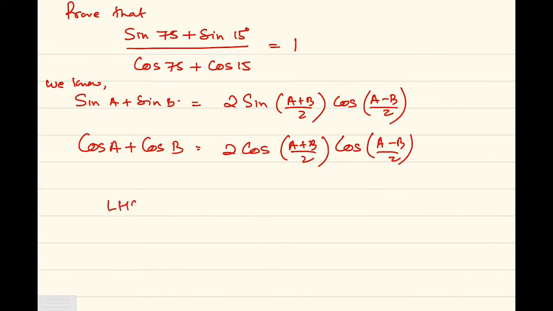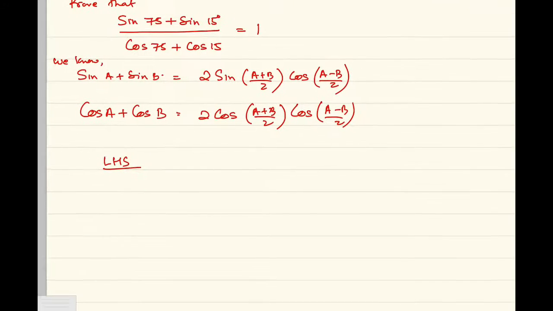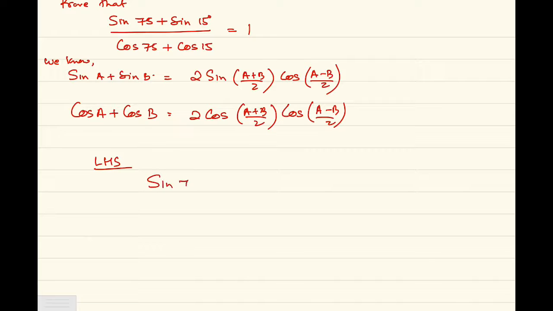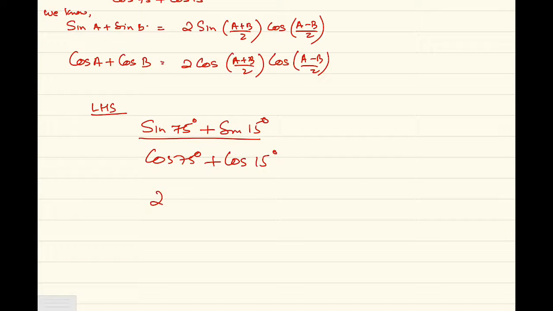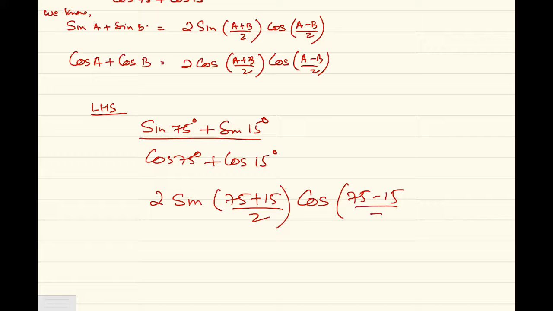So let me use the formula now. Let's write the LHS. I have the left hand side here. Sine 75 degree plus sine 15 degree divided by cos 75 degree plus cos 15 degree. Let's put the formula in place. That gives me 2 sine 75 plus 15 by 2 cos 75 minus 15 by 2.